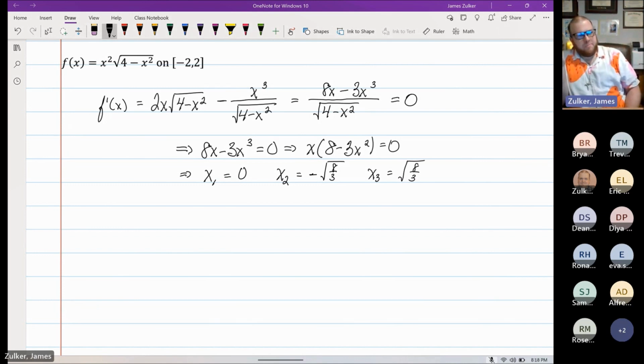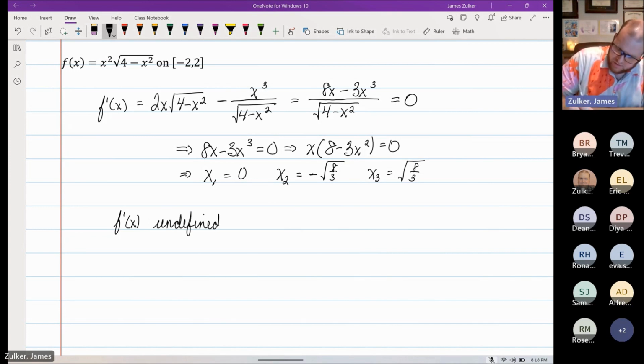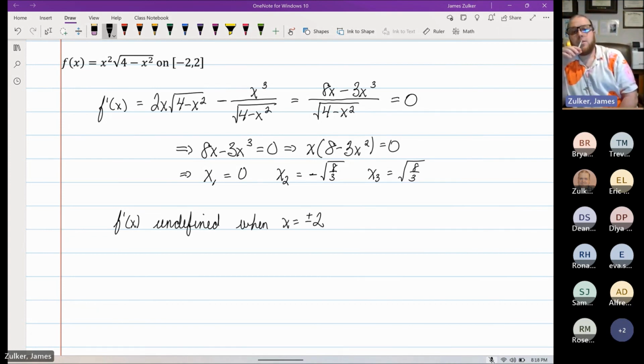Solution is 0, and then plus or minus square root of 8/3. I'm also going to write down, just for completion, where it's undefined.